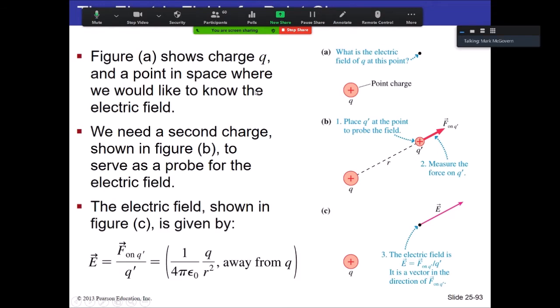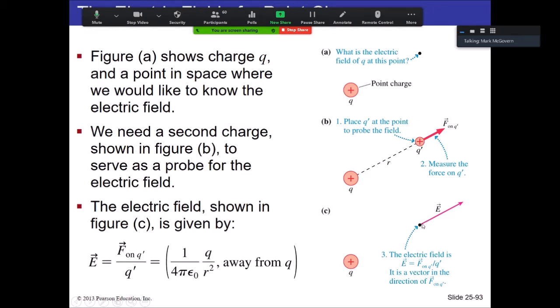All right, so we can take the simplest example we've developed so far, and that is the point charge. Here we have our source charge, which we'll call Q, and we have a point that is at some distance from there. If we were to put a test charge here, which we'll call Q prime, it would experience the force that you see here.